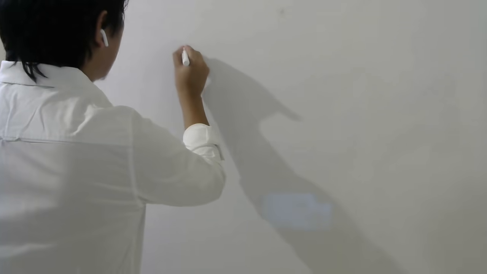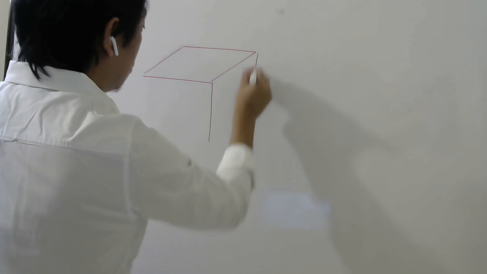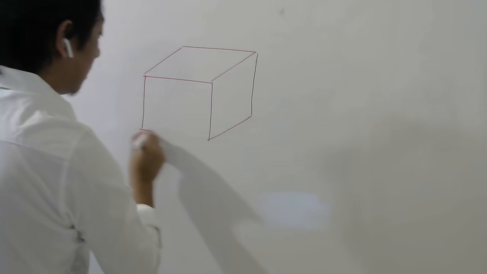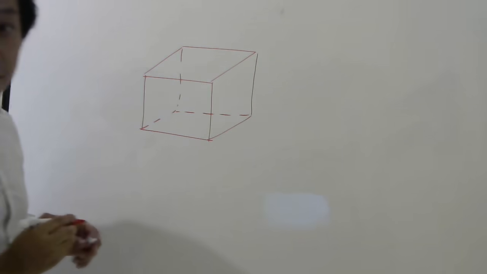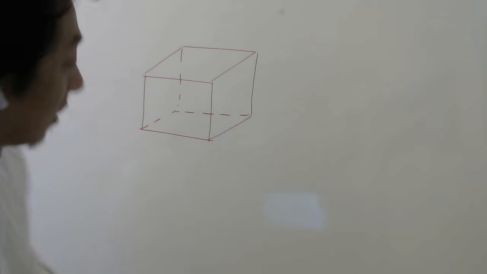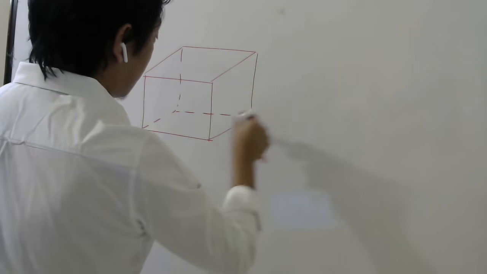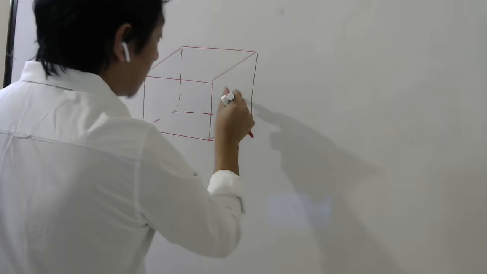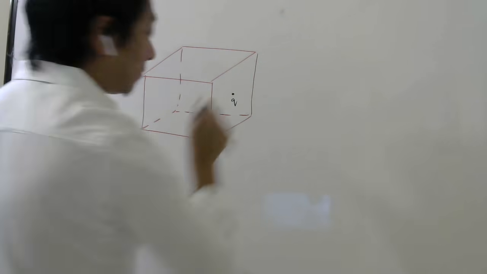So imagine I give you a cube which is a closed surface, something like this. Here is a cube, and imagine at the center of this face, not the center of the cube, the center of this face, suppose I keep a charge q.